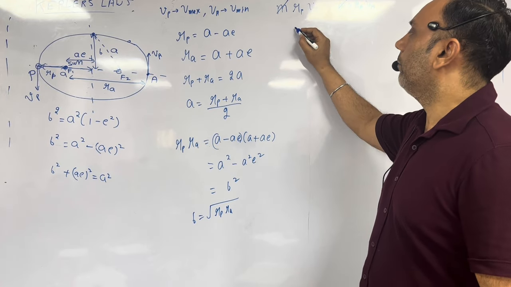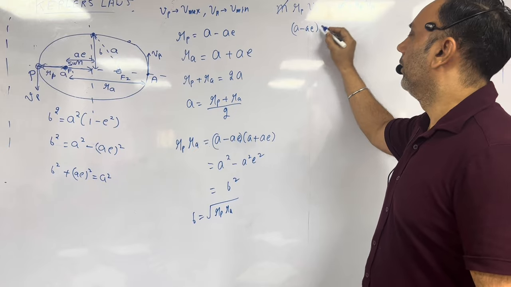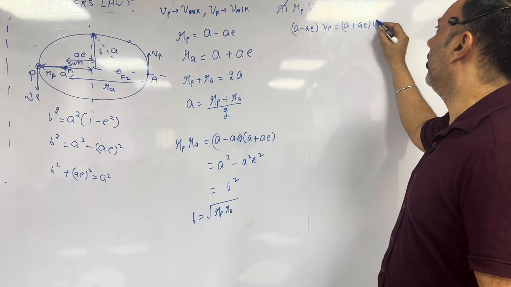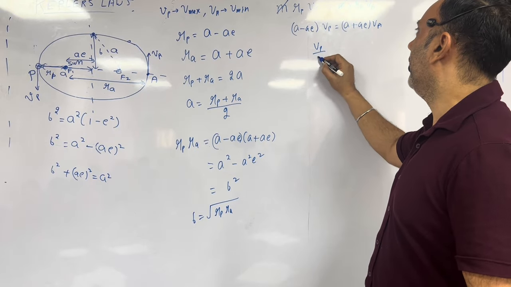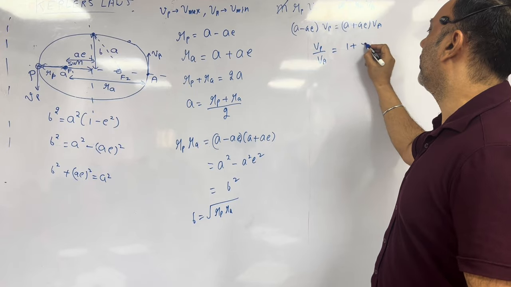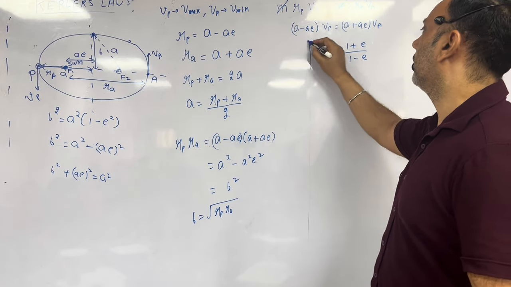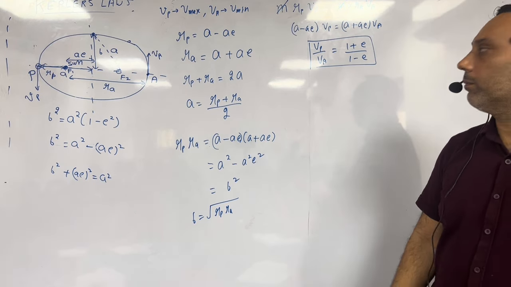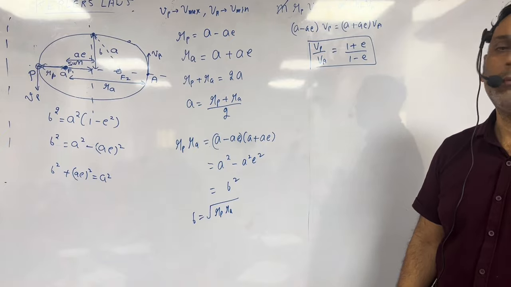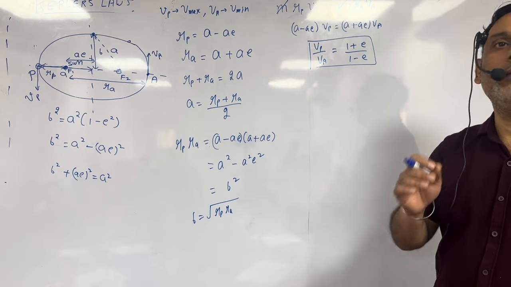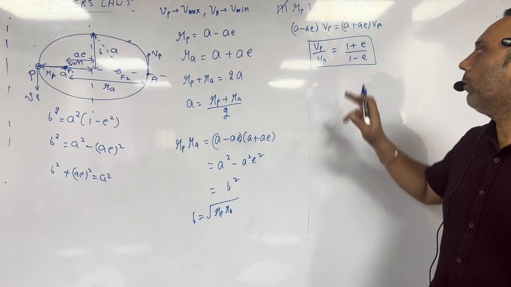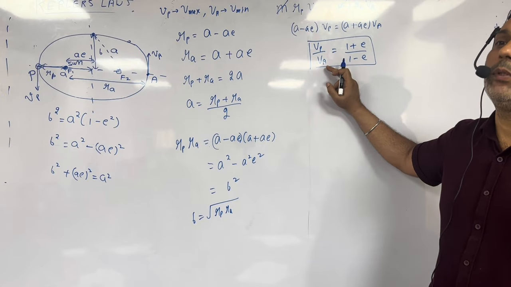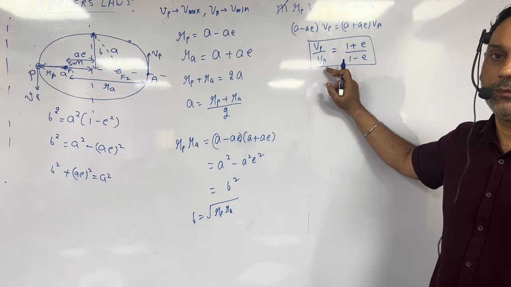Now Rp is A minus AE and Ra is A plus AE, so the ratio of velocities at perigee and apogee is (1 plus E) to (1 minus E). That is a very useful relation for JEE Mains questions. If we know velocity at perigee, then by knowing the value of E, we can find velocity at apogee by angular momentum conservation.